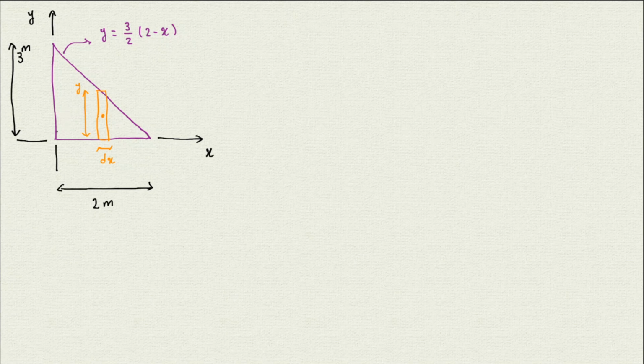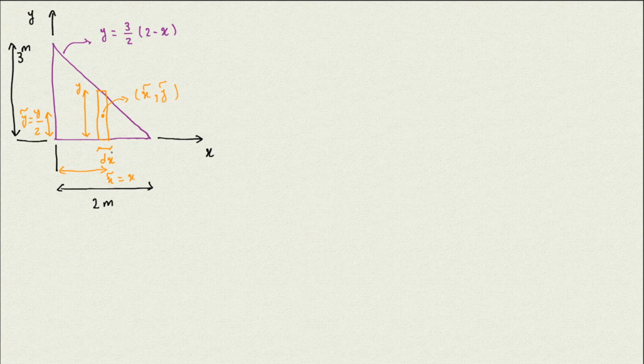The location of the centroid for this element in the x direction is going to be x, and then the location of the element centroid in the y direction is going to be half of y. So I have my element and I have the location of the centroid of that element.